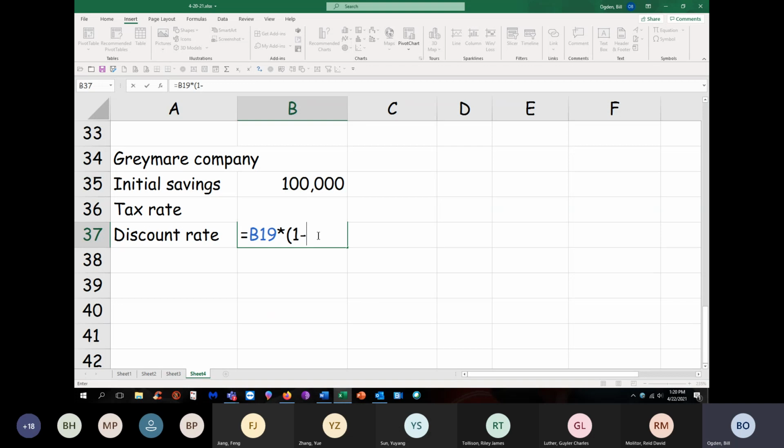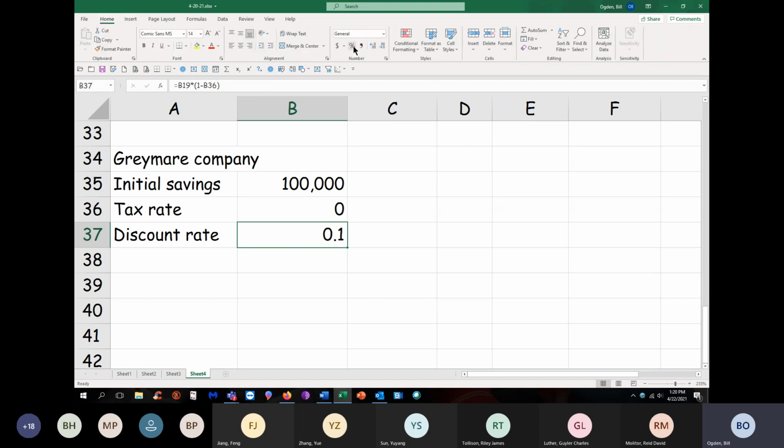But if you happen to have a tax rate of 0, the before and after tax cost of the loan are the same, aren't they? Anyway, so the discount rate is the borrowing rate in this case. Why? Because the tax rate is 0.